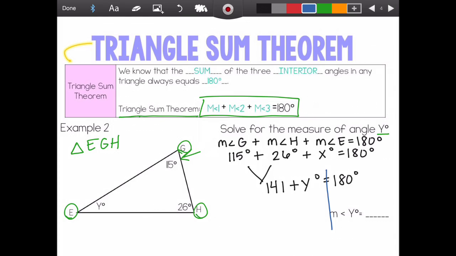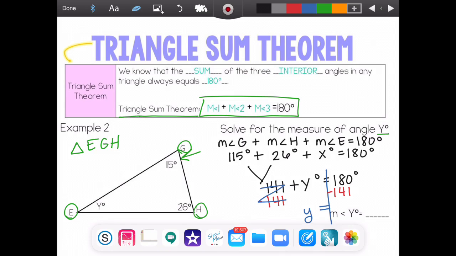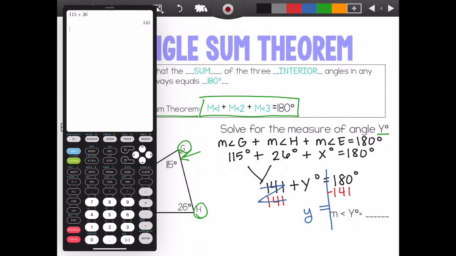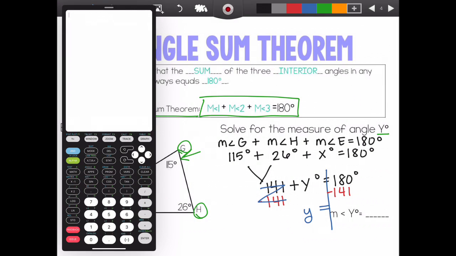I want to get y by itself, so I'm going to subtract the 141 from both sides. This becomes 0, so I'm left with y equals, and I'll use my calculator, 180 minus 141, and I get 39 degrees.